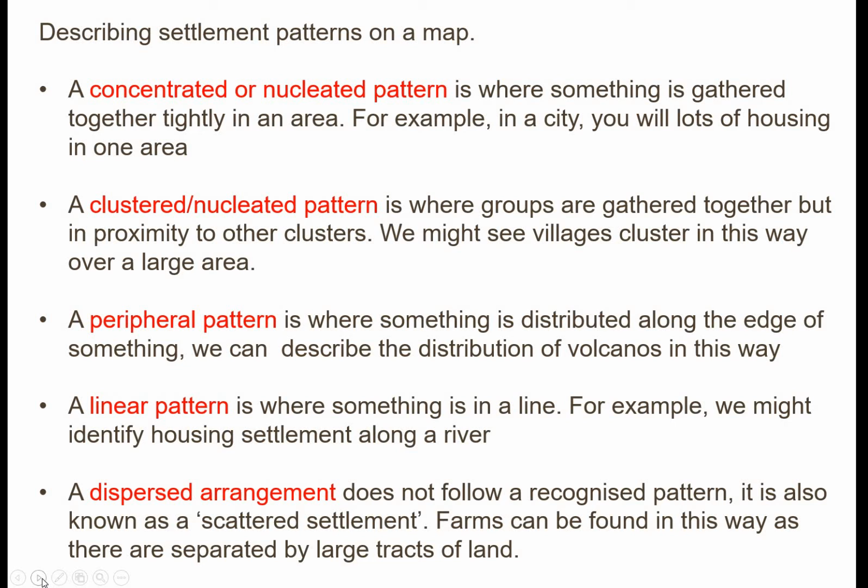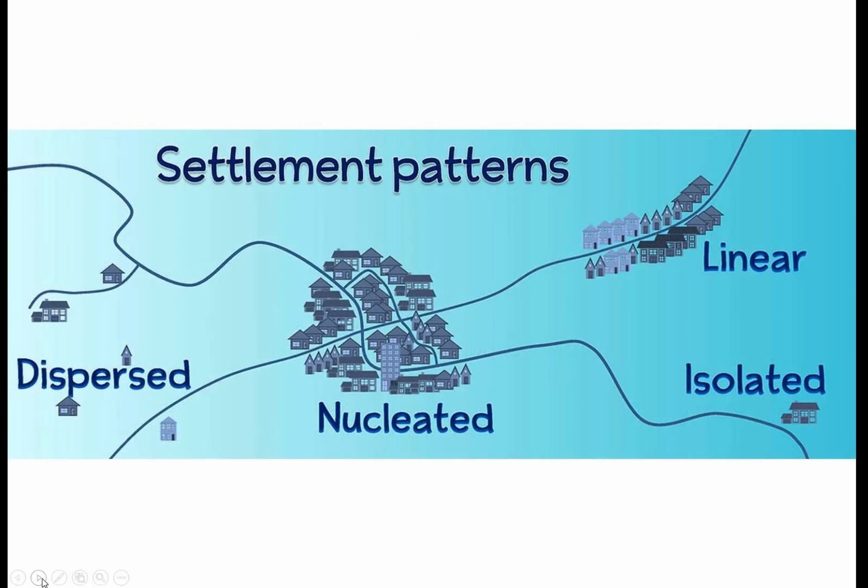And we have a dispersed or scattered settlement. Looking at land use, we might see farms in that way. If you look on page 3 of our worksheet, there's a little image to help you.